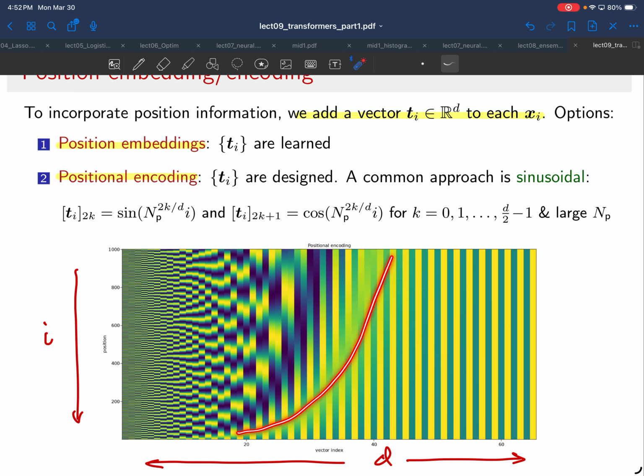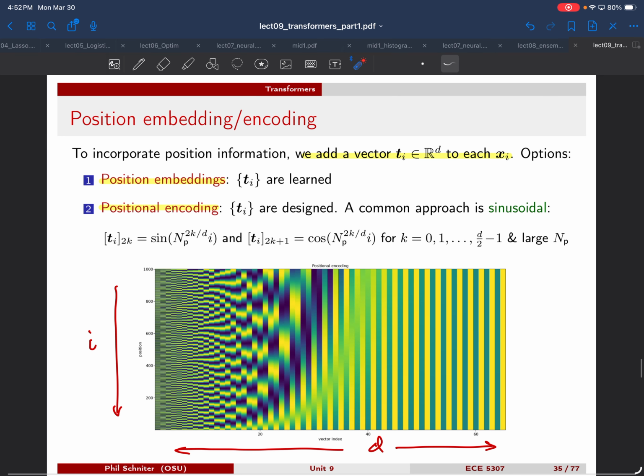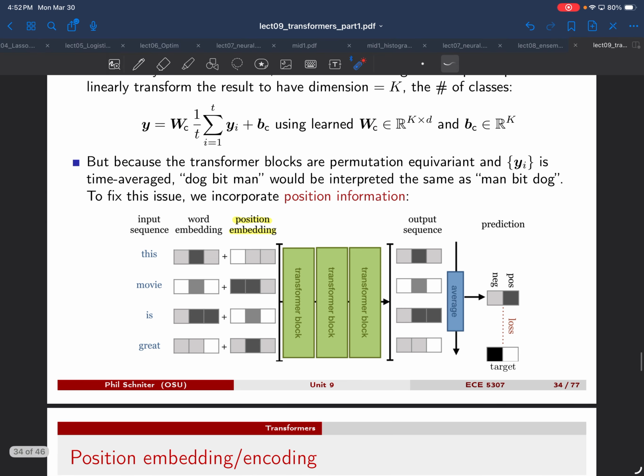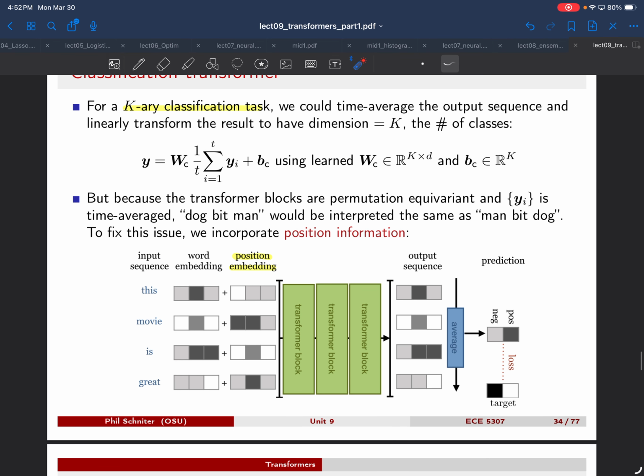You'd see these shapes kind of go up like that. So this is designed, not learned, or you can just learn them. That's how we tell the transformer where the different tokens are in the sequence. This is used here. We also saw it with the next character predictor, although I didn't call attention to it then.